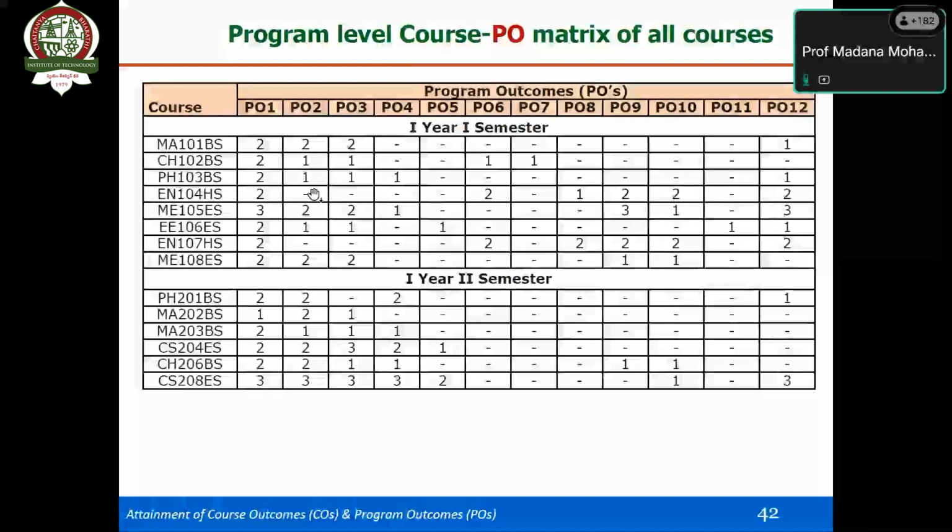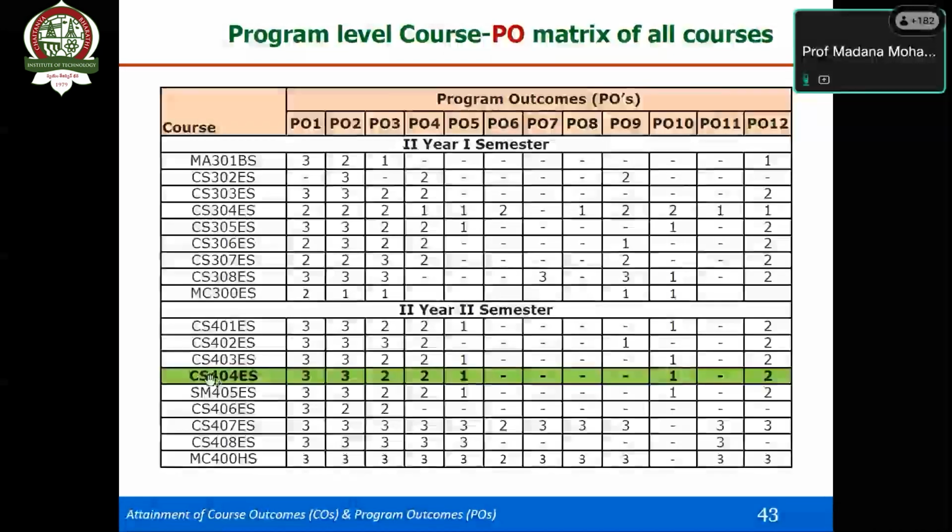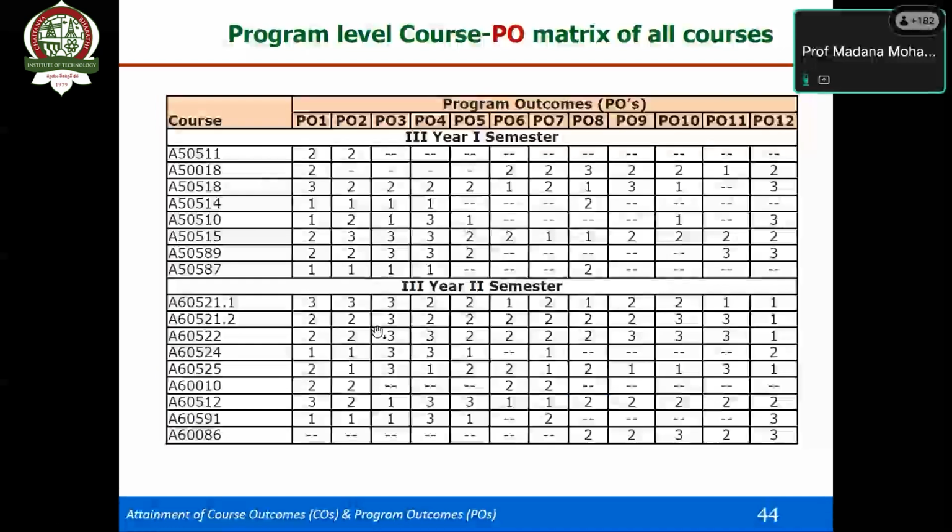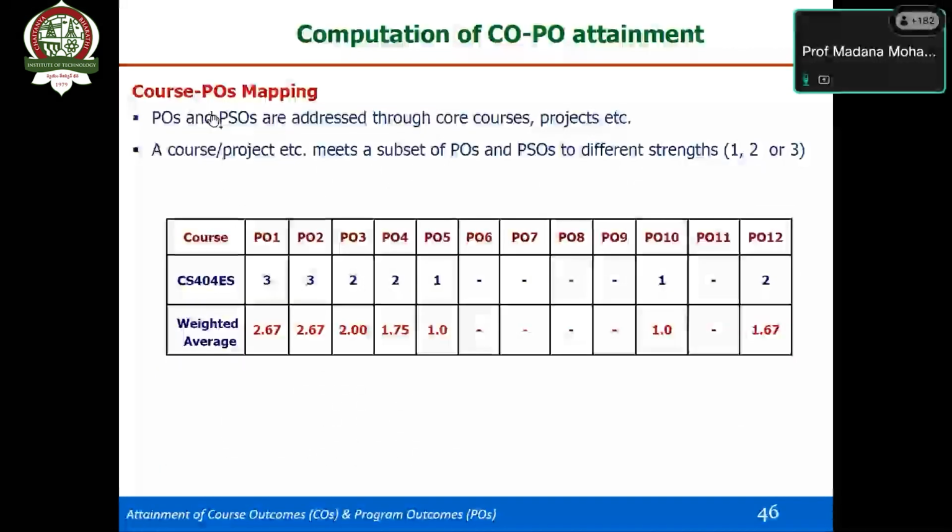Earlier we have seen all the courses from first year to 8th semester. Here our course is highlighted, CS 404. These are the program level mapping levels. With these levels, we will compute the PO attainment.